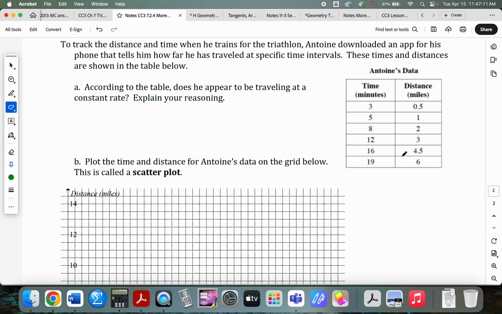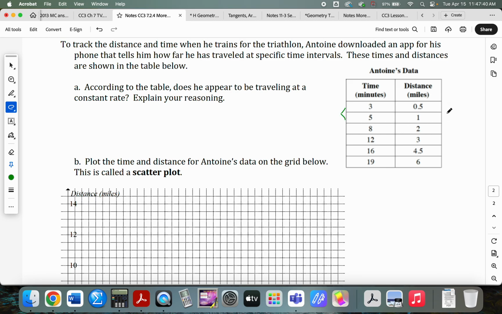So when you go from 0 to 3 minutes, it's half a mile, which is a growth of 3. But then you go from 3 to 5, which is 2, but you go another half a mile, so that shows it's not constant.